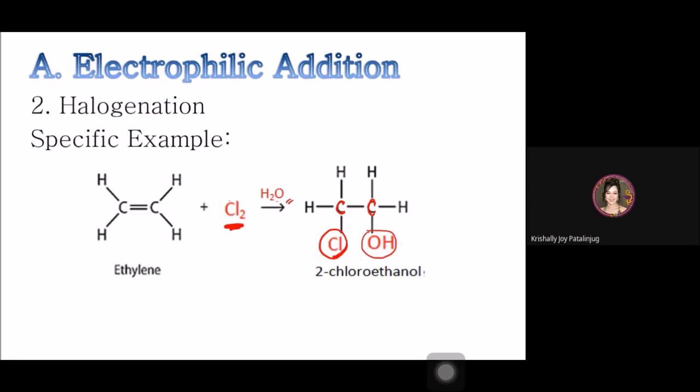Either way works, because each carbon has the same number of hydrogens.